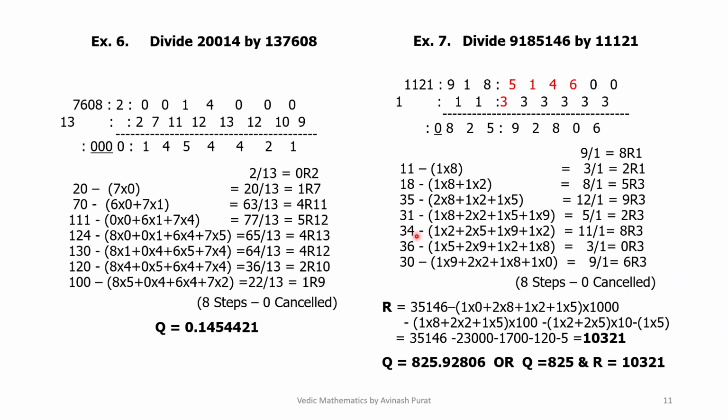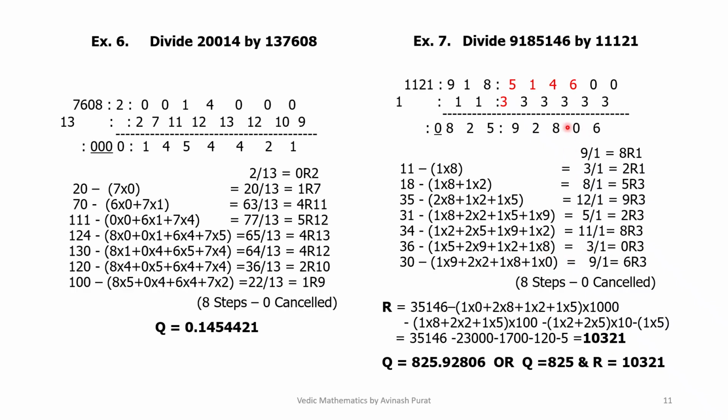34 is the next dividend. 34 minus 1 into 2 plus 2 into 5 plus 1 into 9 plus 1 into 2, that is equal to 11 divided by 1. So we get quotient 8 and remainder 3. So 36 is the next dividend, minus 1 into 5 plus 2 into 9 plus 1 into 2 plus 1 into 8, that is 3 divided by 1.